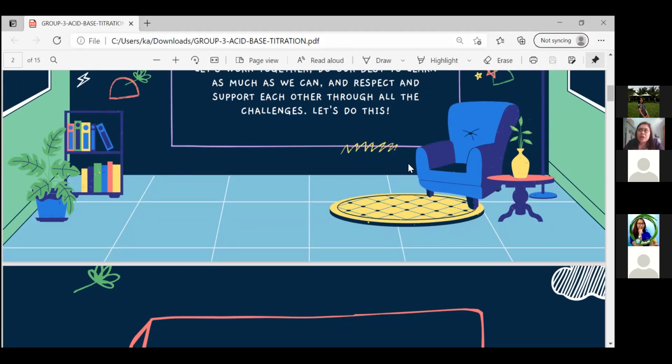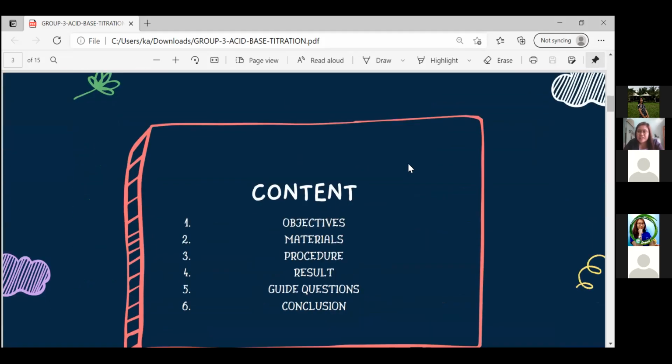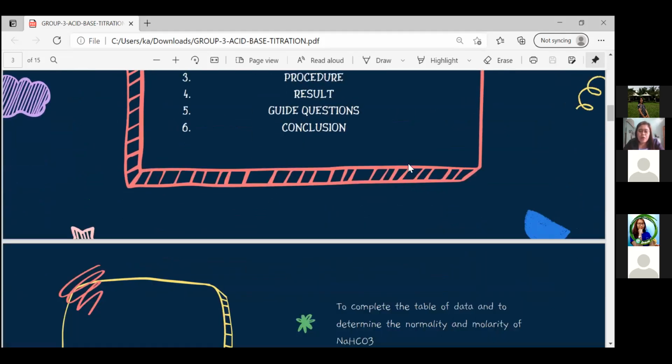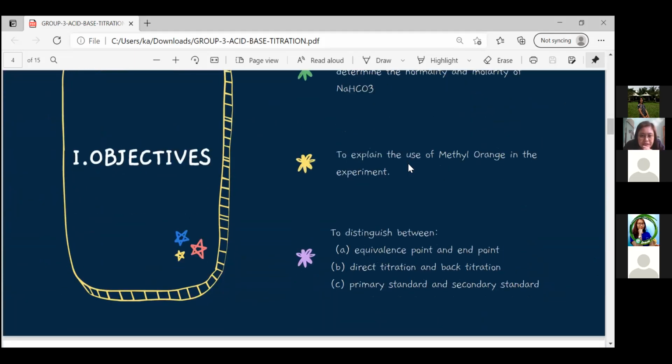Pag tablet kasi, meron siyang sodium bicarb and meron pa siyang ibang ingredients. So that is why we cannot use the 0.35 and the 0.36 grams na given sa experiment. That is not solely for the sodium bicarb. So sa computation, we need to look first for the amount of sodium bicarb na gigamit.